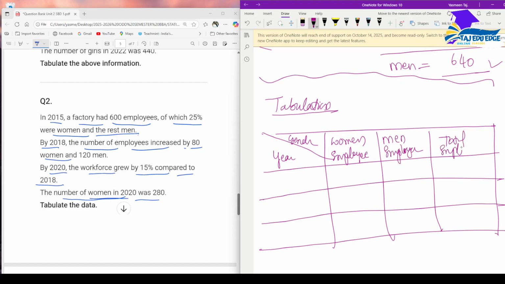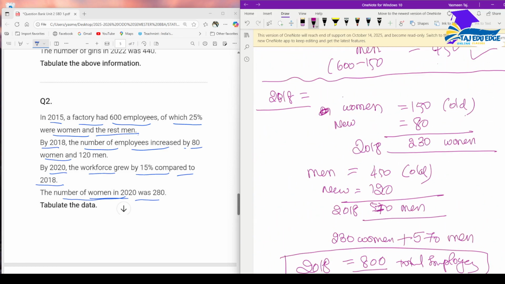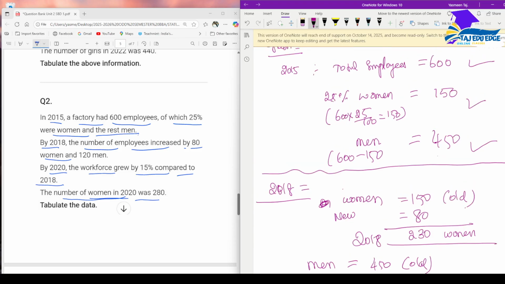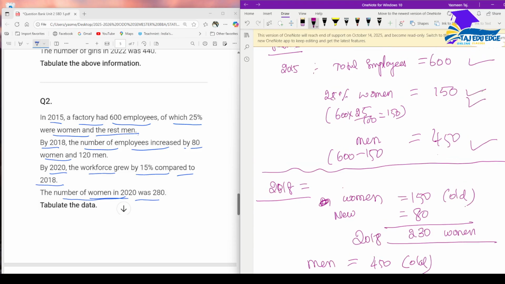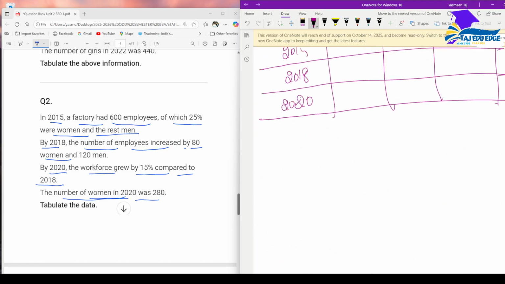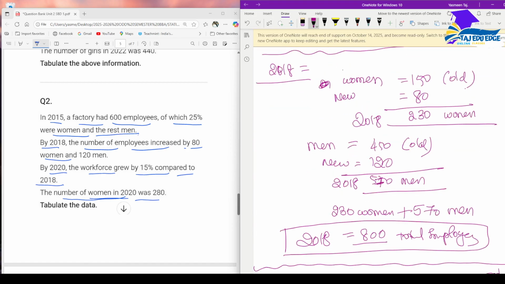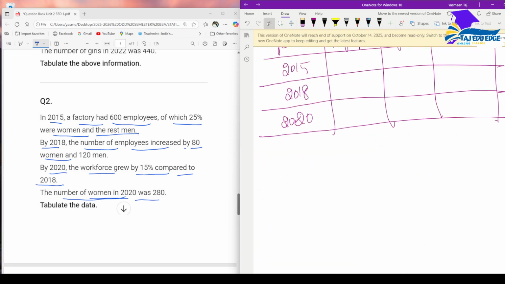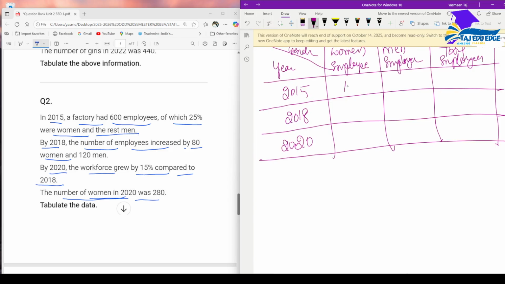Year 2015, year 2018, year 2020. So in year 2015, how many women and how many men employees were there? Let's see. In year 2015, 150 women, 450 men.